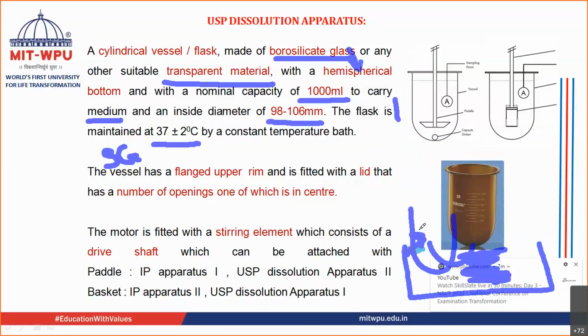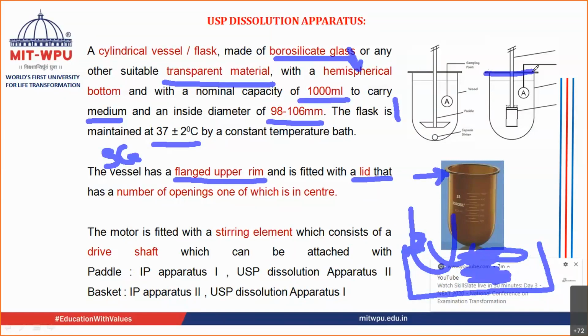Moving ahead, this vessel has a flanged upper rim. So this rim, if you can see over here, is nothing but a flanged upper rim. You have this kind of a rim so that it can be fitted with a lid. So this is the lid.